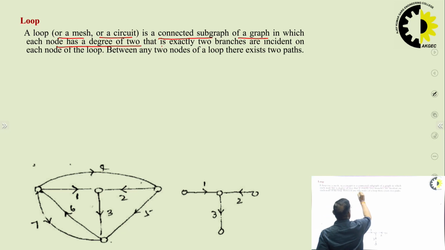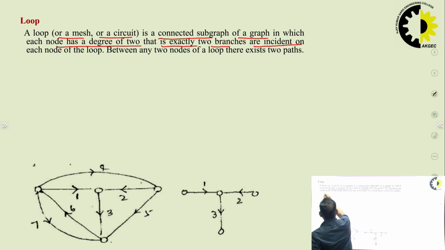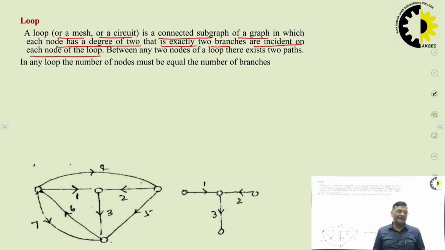That is, exactly 2 branches are incident on each node of the loop. So between any 2 nodes of a loop there exist 2 paths. Okay, so this is the definition of a loop. In any loop the number of nodes must be equal to the number of branches.